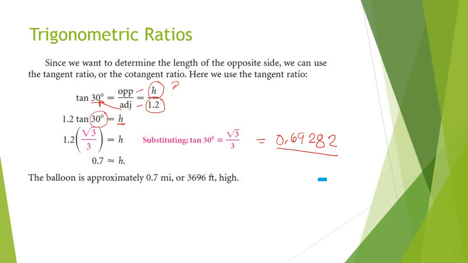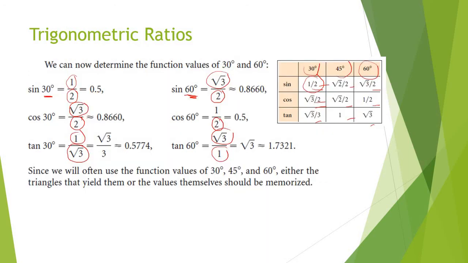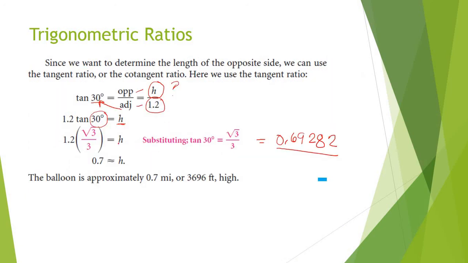Now as I've said, it would be easier for you if you use the table that we had for the functions of 30 degrees, 60 degrees, and 45 degrees. In the table, tan 30 degrees is equivalent to square root of 3 over 3. We use that value so that it would be easier to do the multiplication.